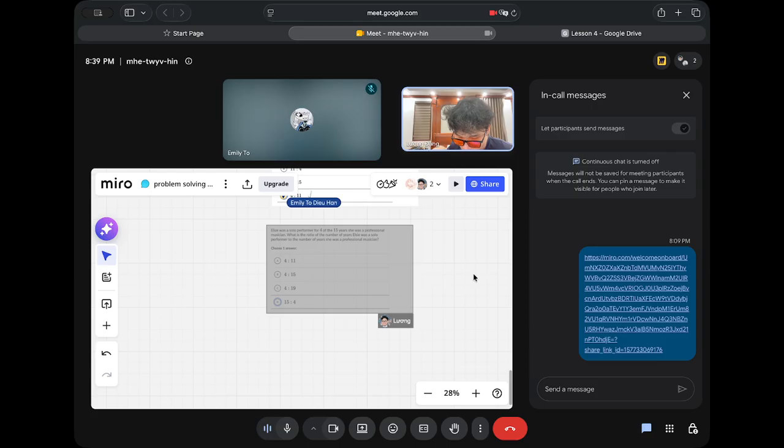So Elsie was a solo performer for 4 of 15 years. She was a professional musician. What is the ratio of the number of years as a solo performer to the professional musician?